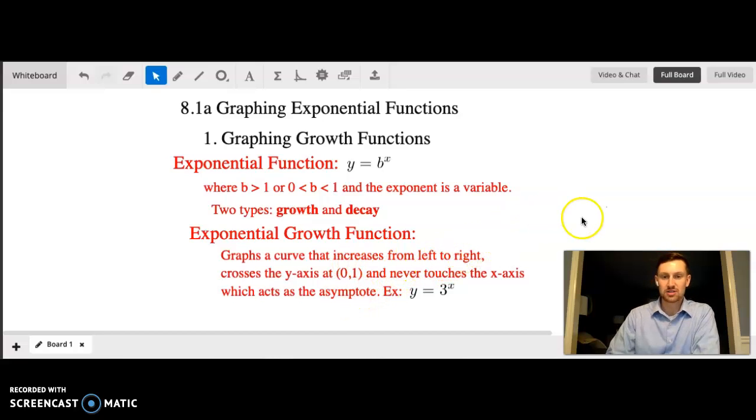Remember, asymptotes are simply equations or values that would make the function undefined or would make it not possible. So there are asymptotes here that would make the function or the equation undefined.